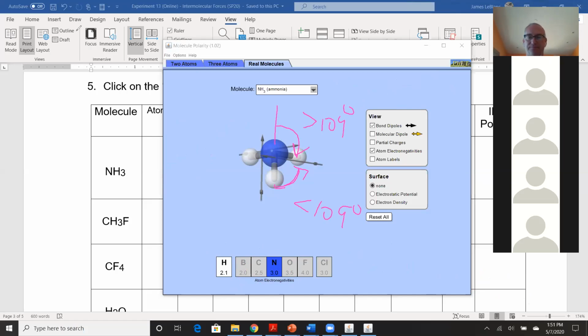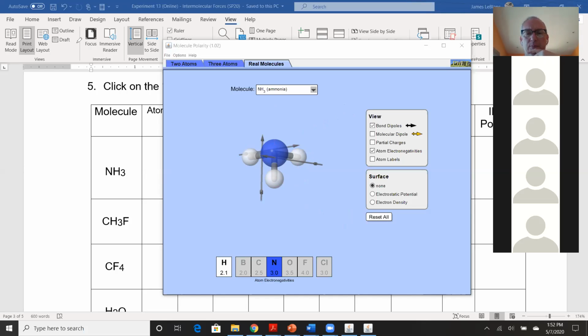So here are my 3 bond dipoles, all pointing along the 3 different bonds, in 3 different directions. What's the overall molecular dipole going to look like? What direction is it going to be pointed in? Toward the nitrogen.